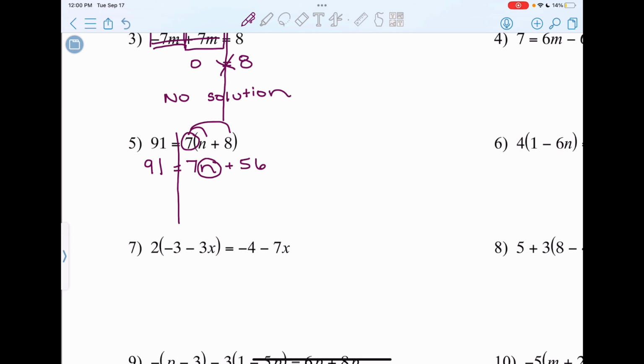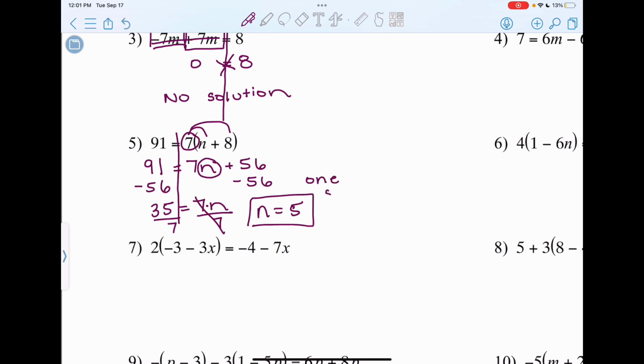I start with what's not attached to the n, so I'm going to subtract 56 to both sides. 91 minus 56 is 35, equal to 7n. And in order to get rid of the 7, since it's being multiplied to n, I'm going to divide by 7 to both sides. And 35 divided by 7 is 5, and so I'm left with n equals 5, and that's one solution.